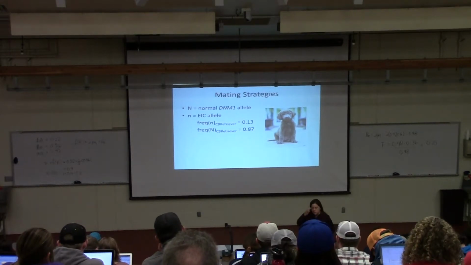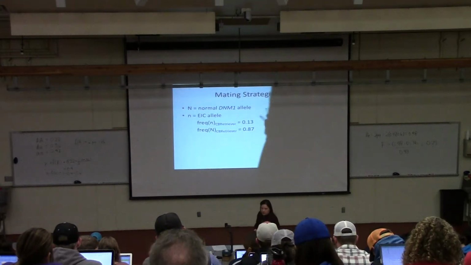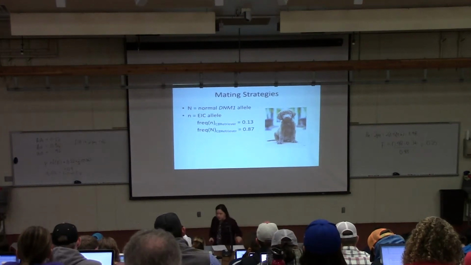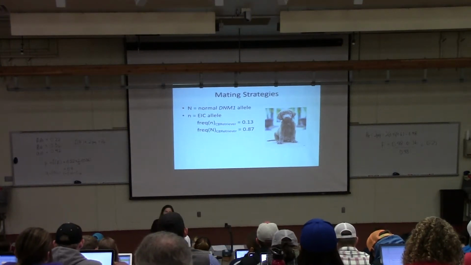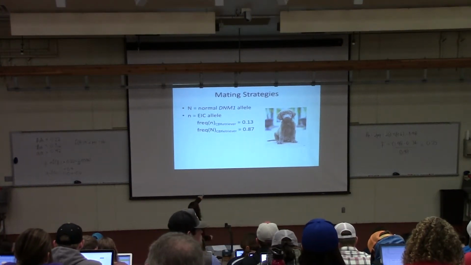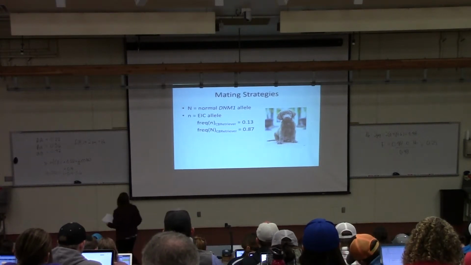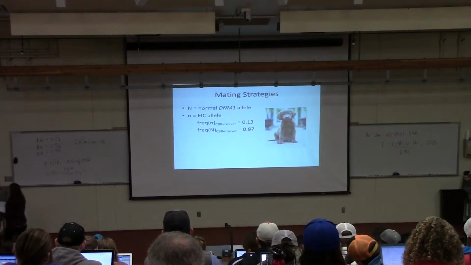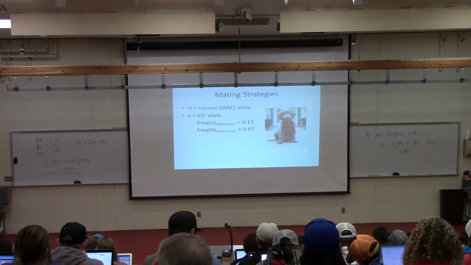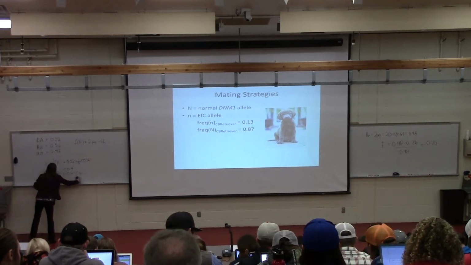Okay. So we're going to think about, in the upcoming weeks, more about our mating strategies, crossbreeding and outbreeding. And I want you to think about this case. So what if we wanted to breed Chesapeake Bay Retrievers who also have exercise-induced collapse?